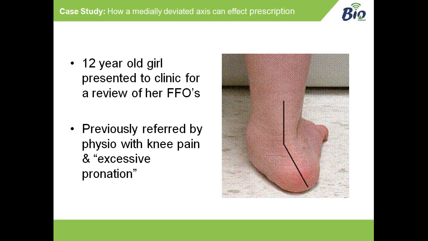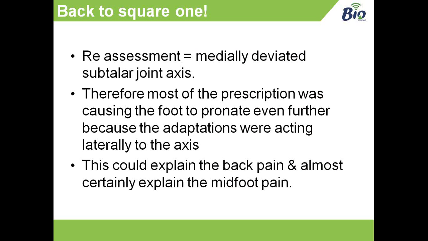So we reassessed her and found she did have a medially deviated subtalar joint axis, and it was very medially deviated, one of the ones early on that had an impact because of how it affected her prescription.